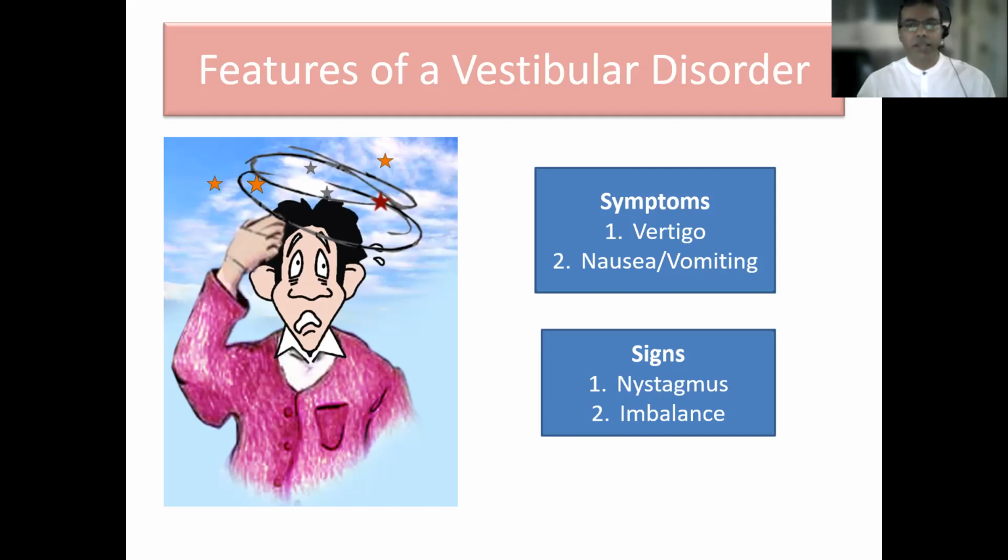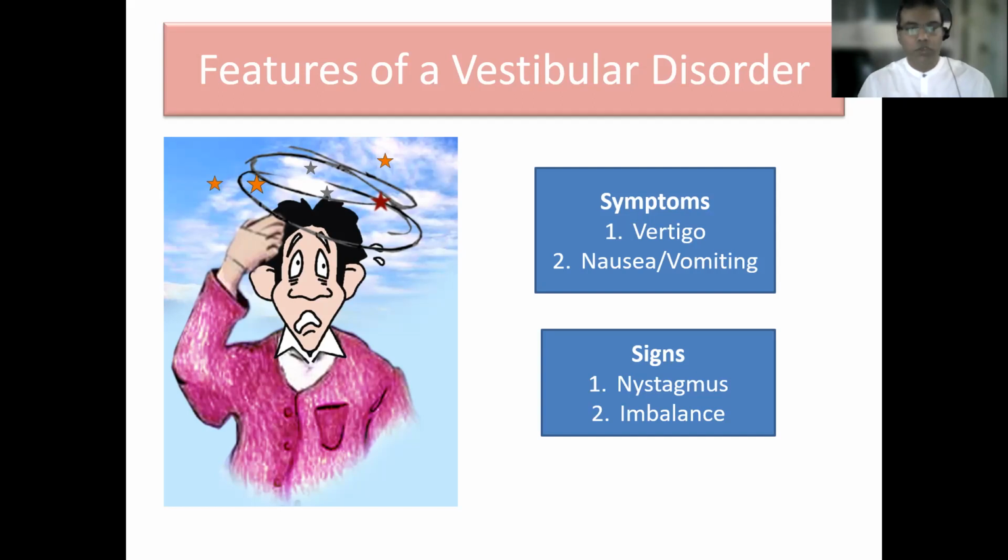So we perceive it as vertigo, which is sometimes also said to be a hallucination of movement, which means we perceive some kind of movement although there isn't such a movement. It can be described as rotational or translational types of movements.